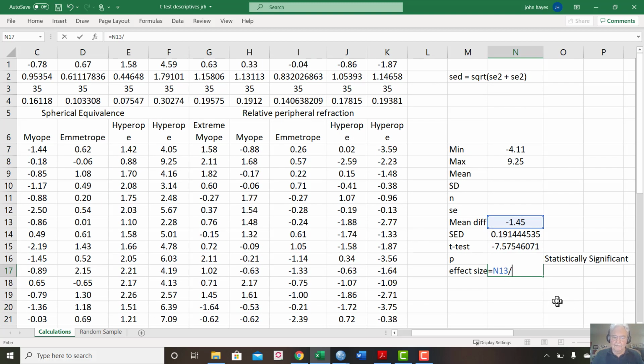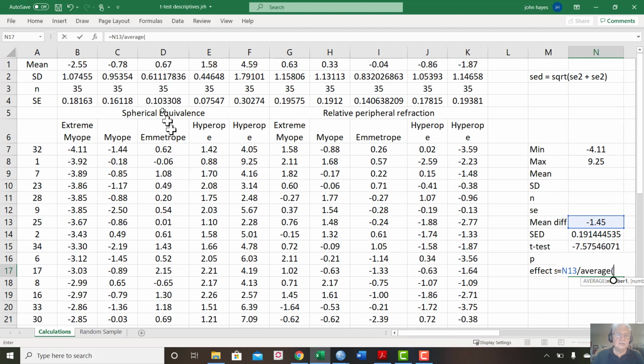Divided by the average of the two standard deviations. And the average of the two standard deviations is the average for myopes and emmetropes, those two. And the effect size is minus 1.85. Now remember, again, the sign doesn't matter. It's just telling you the direction based on the direction of the subtraction.